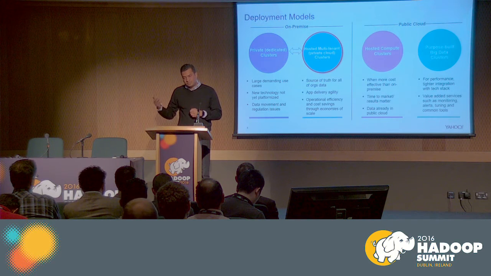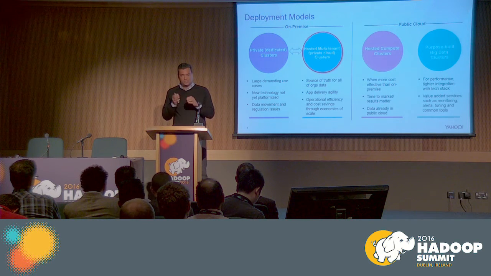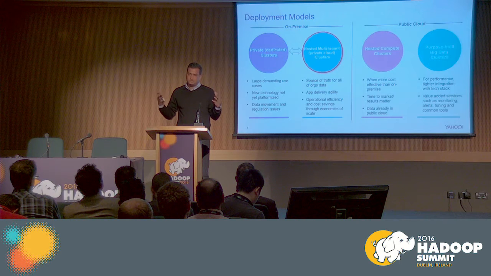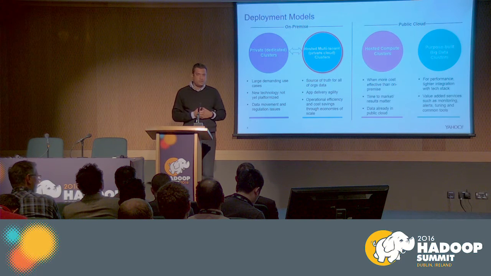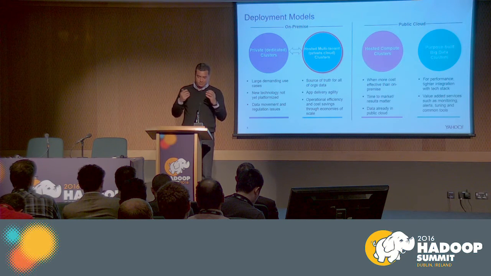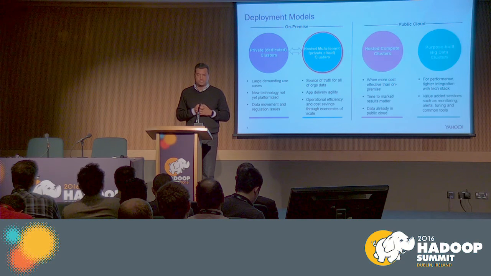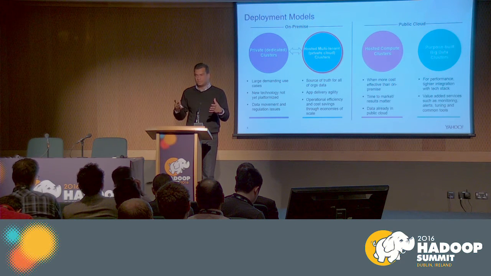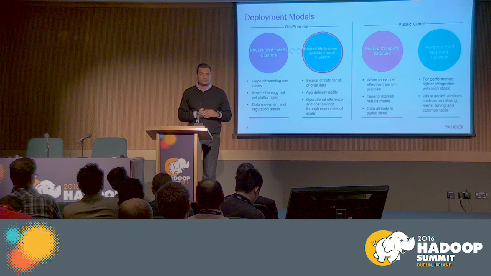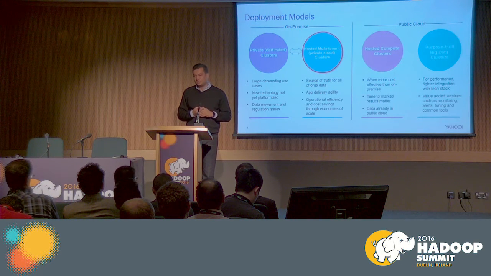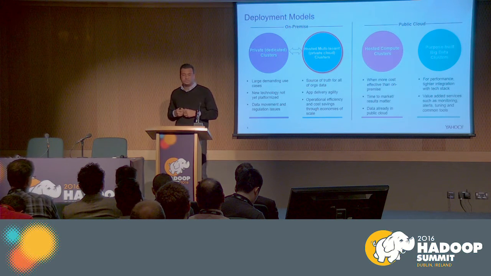And then as far as public cloud is concerned, I think there is also a good evolution of two different models. You can take compute infrastructure on public cloud and spin up Hadoop and other things on it, so the instances that you spin up become a cluster for you for the time you use it.